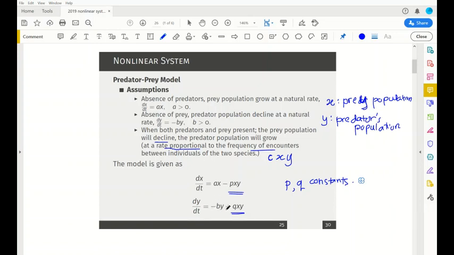The last term here comes from the third assumption, so the rate proportional with the frequency of encounters. The same term here, but since the rate for the prey and for the predator may be different, that's why we use different constants here, p and q. But the sign for the predator will be positive, because when prey exists, it will lead to the growth of its population.